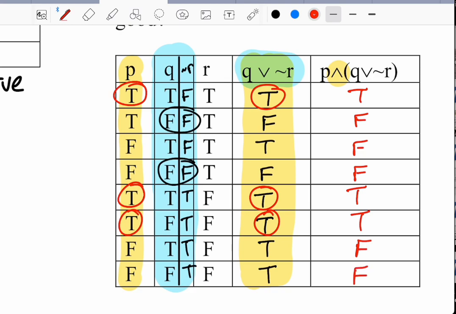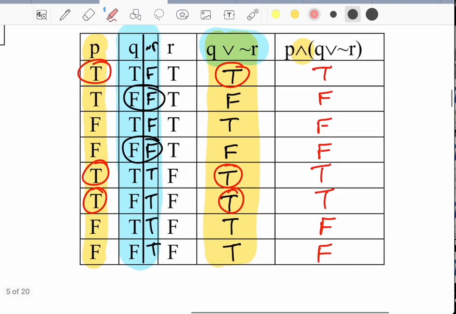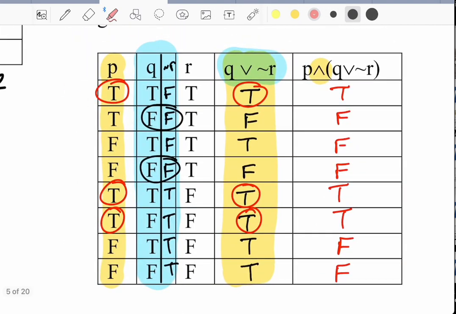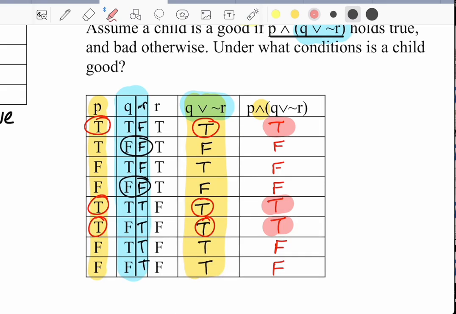All right. So the instances that we care about, I'm going to go with the reddish hue at this point. The instances that we care about would be this, this, and this. Because we want to know, because they did ask us, under what conditions is a child good?